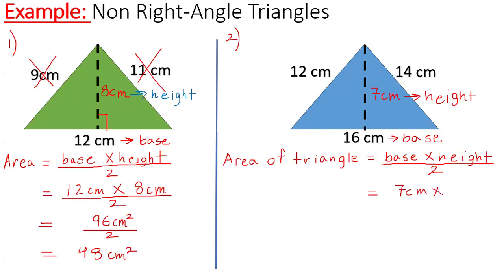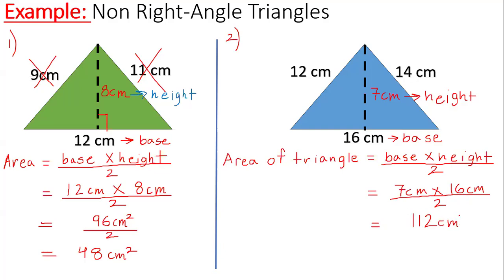Finish it up, Antio. The answer is 112. We have to divide that by 2. 7 times 16 is what? 112. Which is 56 centimeters, centimeters what?